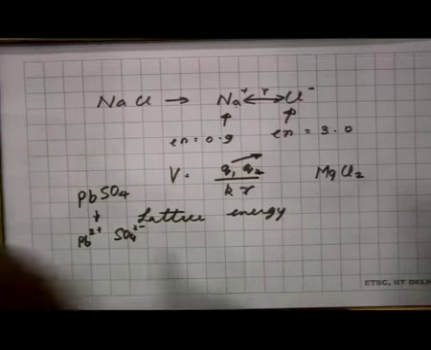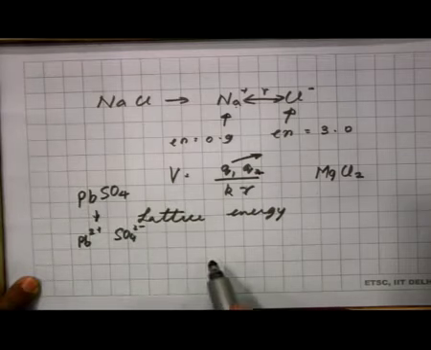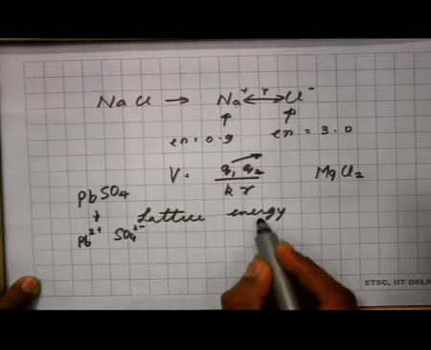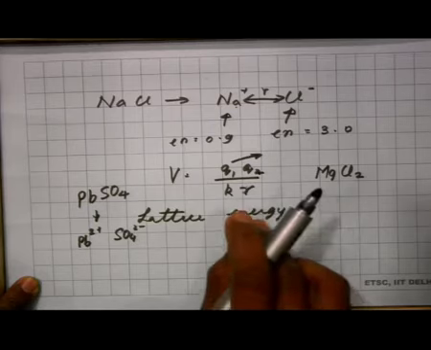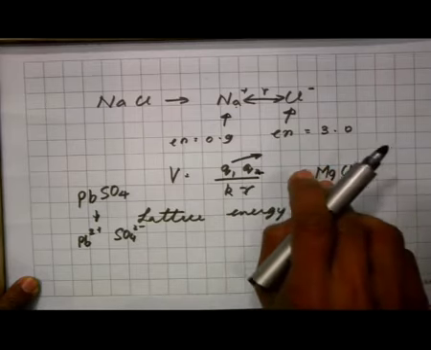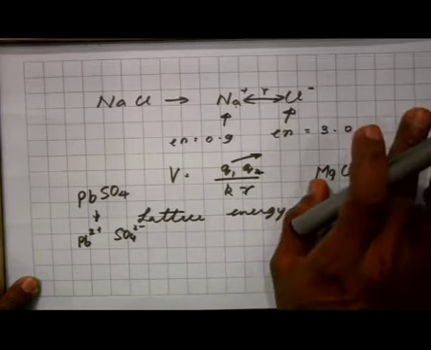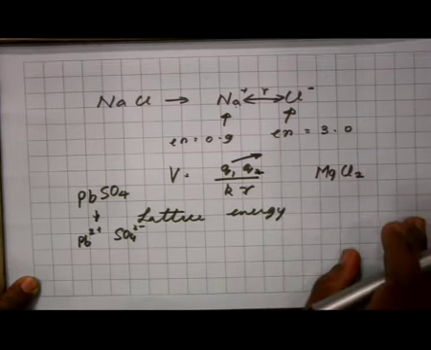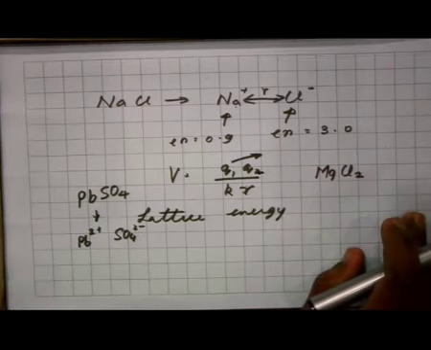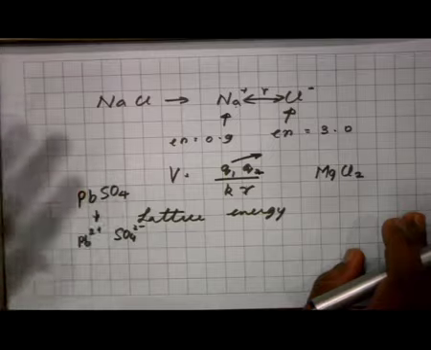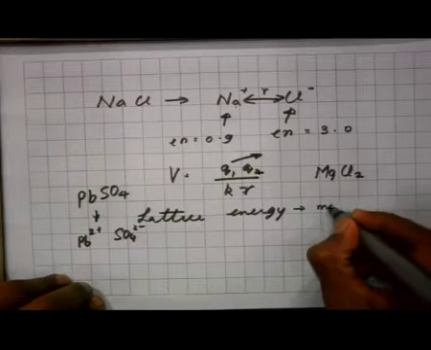If you took a series of compounds, the lattice energy would be a function of the size of the ion and the charge of the ion. So, what is a physical property which will reflect this? The one thing that will reflect this is melting point.